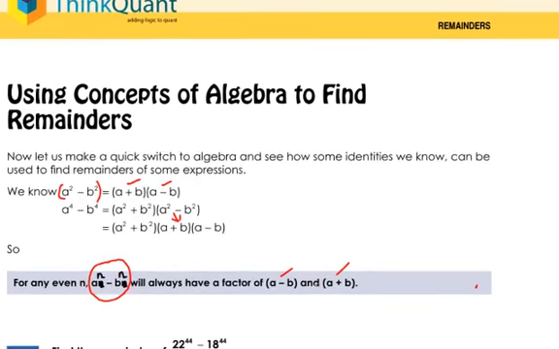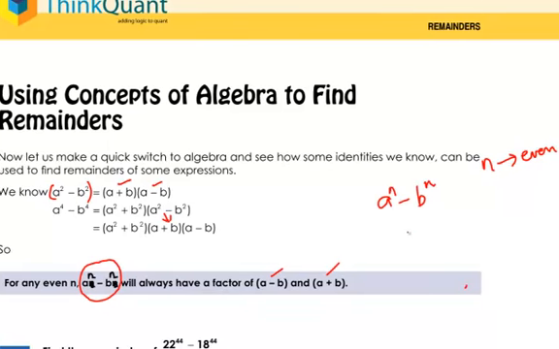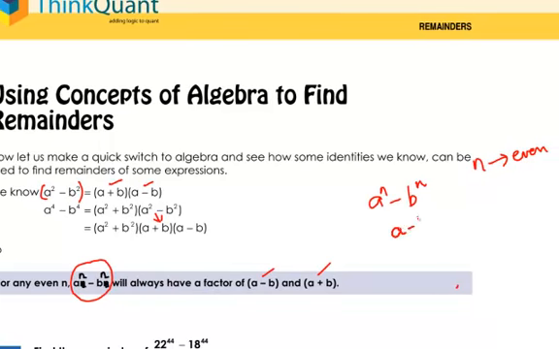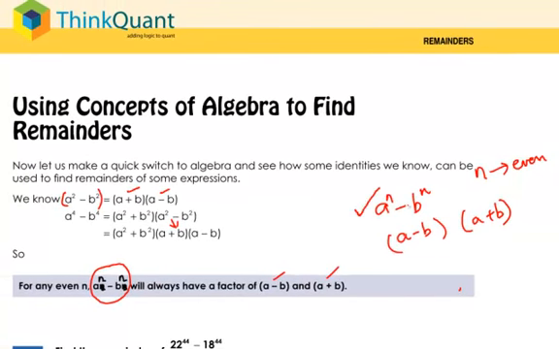That is, a raised to n minus b raised to n when n is even will always be divisible by a minus b and a plus b. A minus b and a plus b being factors of this means that this is always divisible by a minus b and a plus b if n is even.